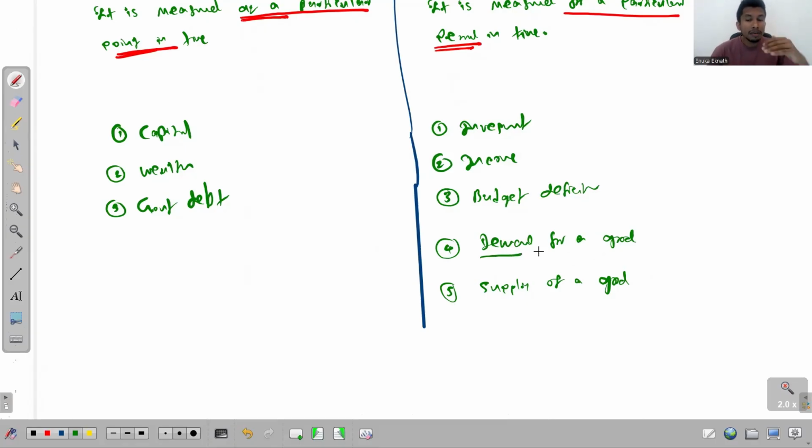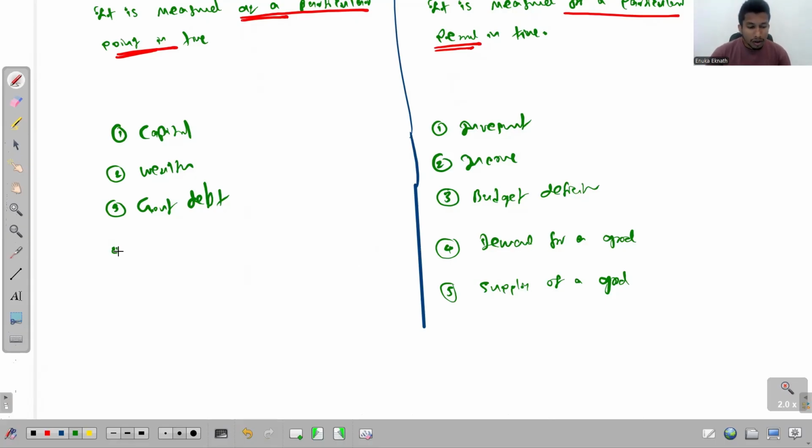We say, during a particular period when other factors remain constant, the different quantities that consumers are willing to purchase and have the ability to purchase at different prices. See, the definition starts by saying during a given period when other factors remain constant. If that's how we evaluate demand, demand has to be a flow concept.